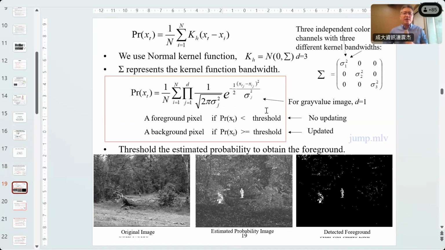Okay, and this is variance here. So we keep going.